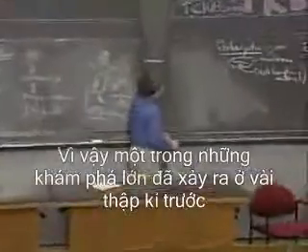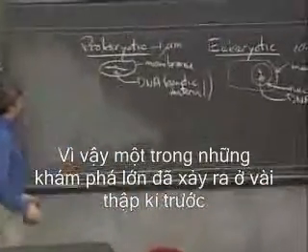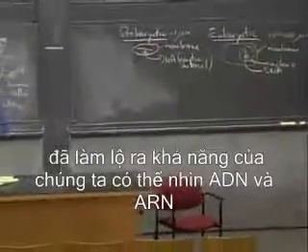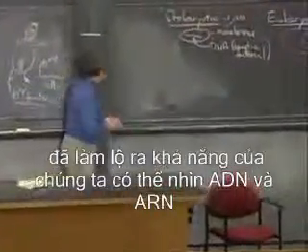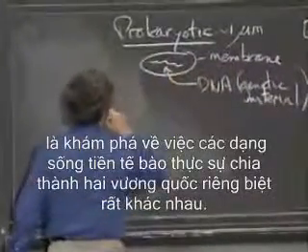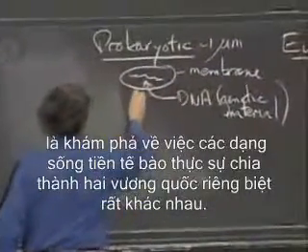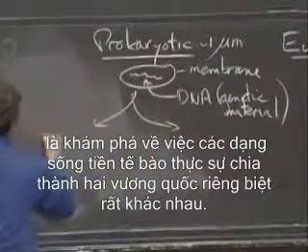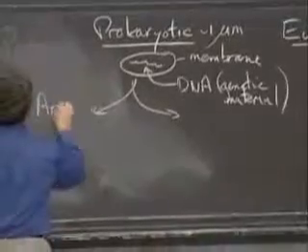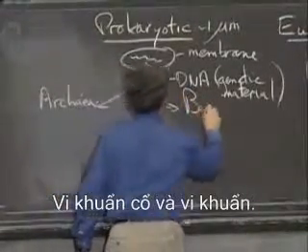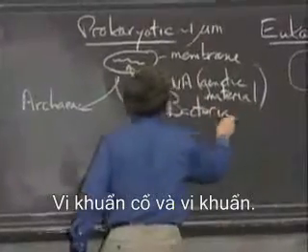Okay. So one of the great discoveries that has happened over the last few years, which came out of our ability to look at DNA and RNA, was the discovery that the forms of life that are prokaryotic actually split into two distinct kingdoms that are very, very different: the archaea and the bacteria.